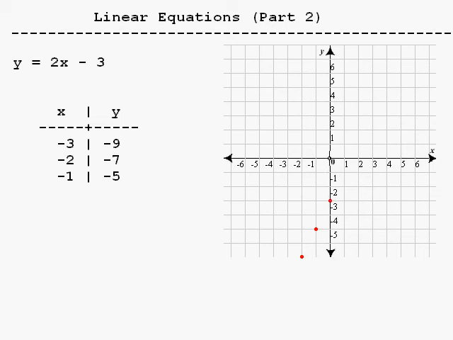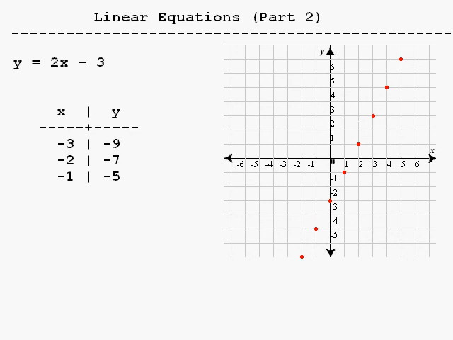So what we can do is follow this over 1, up 2, over 1, up 2, and we can see that every point fits neatly right on the cross section of our grid here.